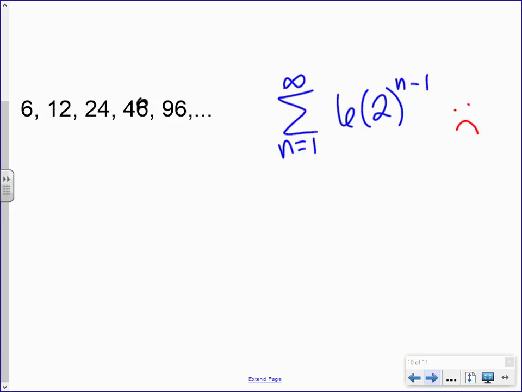Our common ratio is bigger than 1. This is just going to diverge to infinity. That's a smiley face, because you don't have to do any calculations. So all of you guys need to be done. You could write infinity. That would be fine.